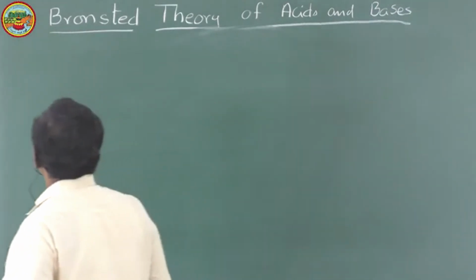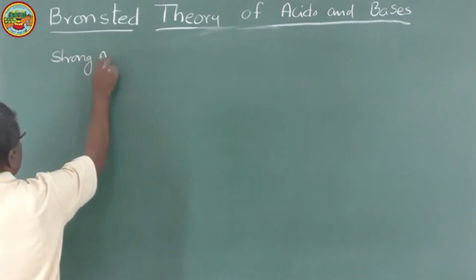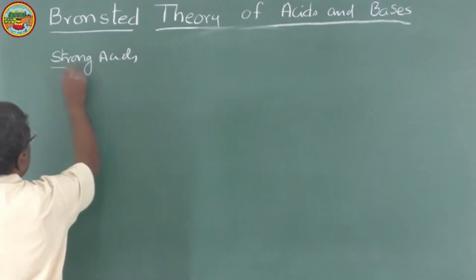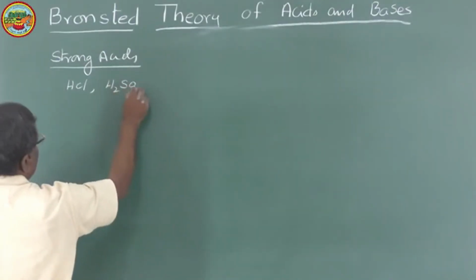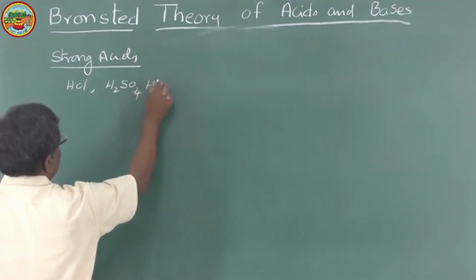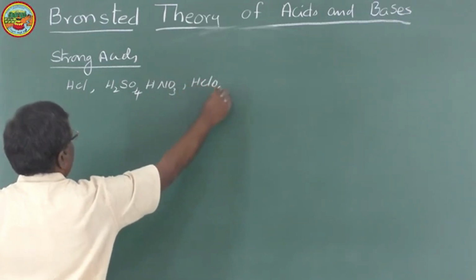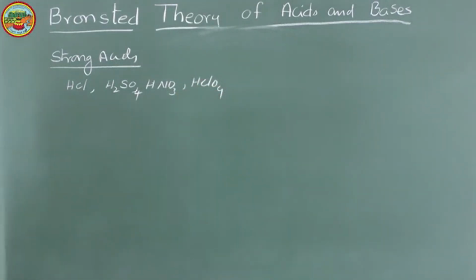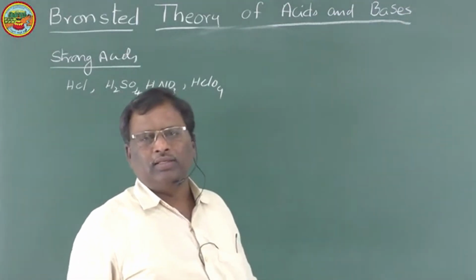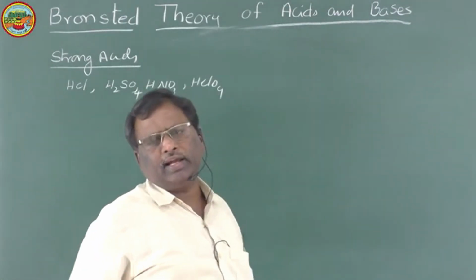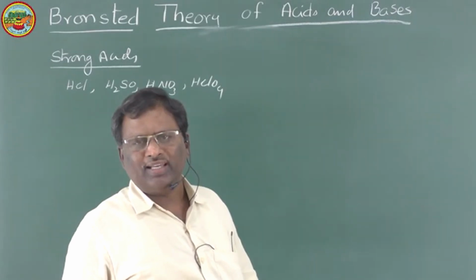So, examples for strong acids: HCl, H2SO4, HNO3, HClO4, etc. are considered as strong acids because they have more tendency and they are readily ionizable to donate a proton.